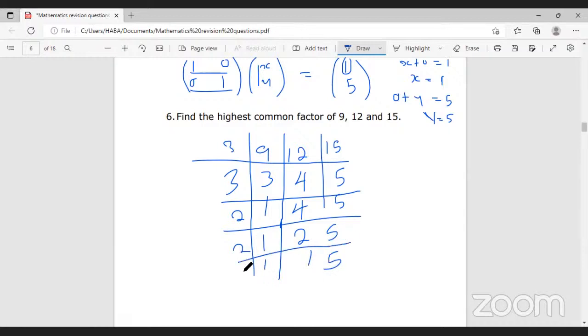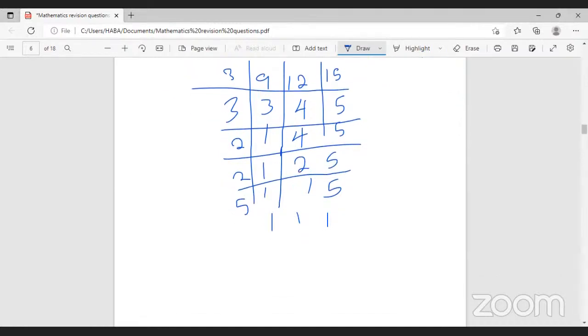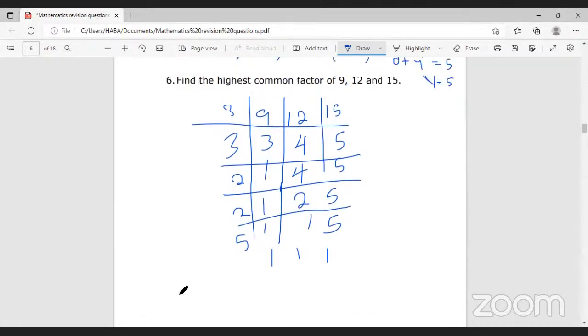We multiply all of it. But when we multiply, that one is finding LCM. So we look for common numbers. So this would be LCM.